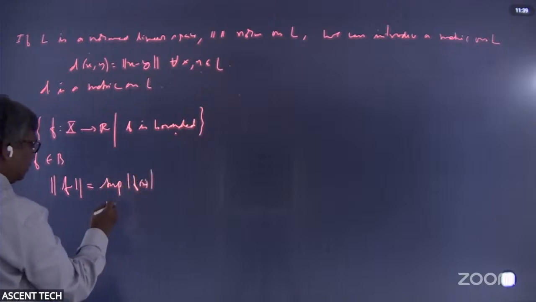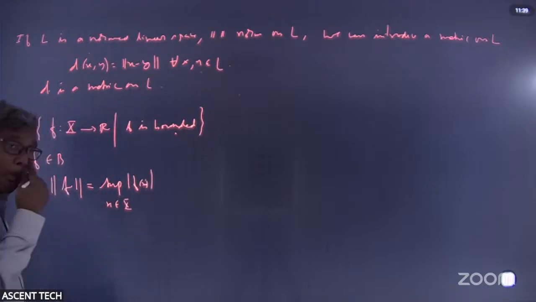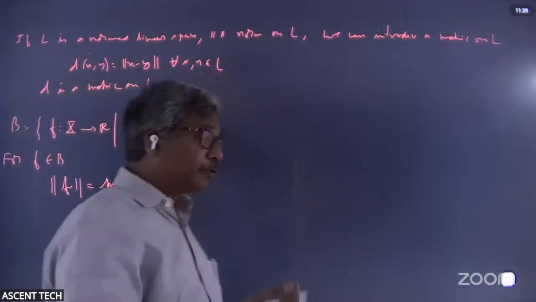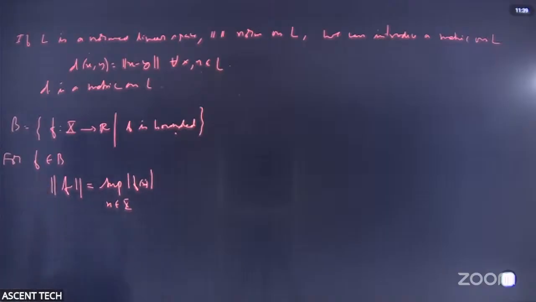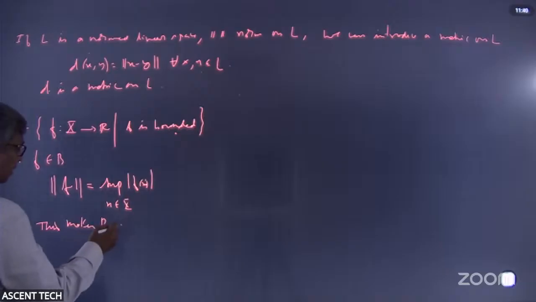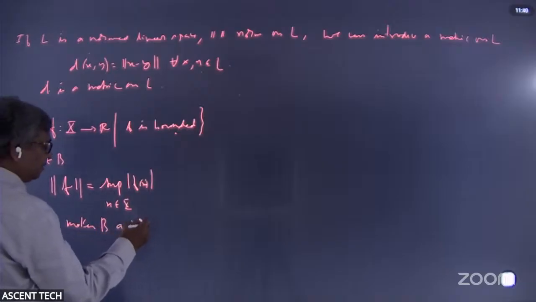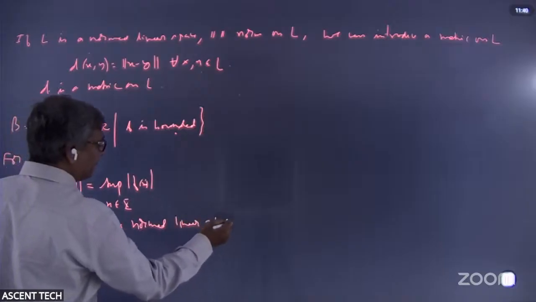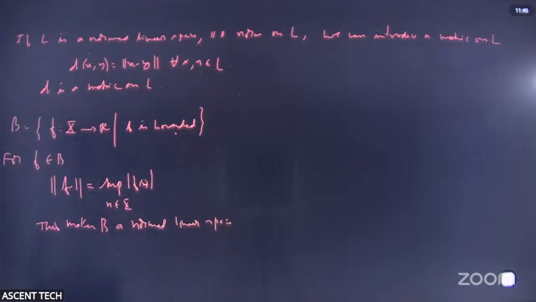The supremum exists because f is bounded. So you will see that this makes B a normed linear space. Are you following the discussion?